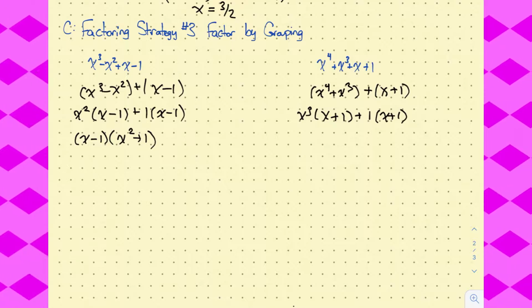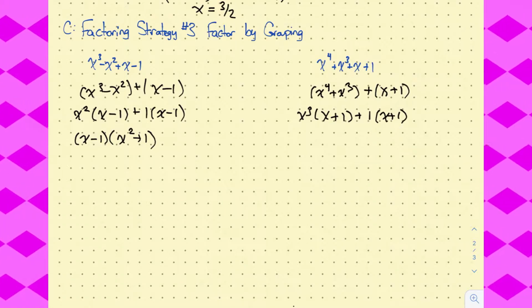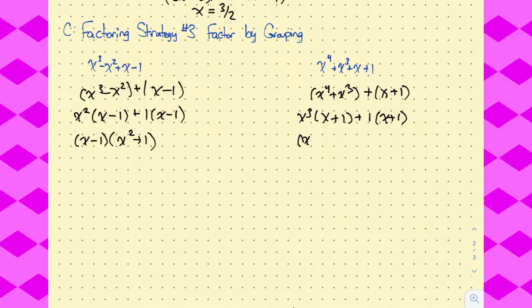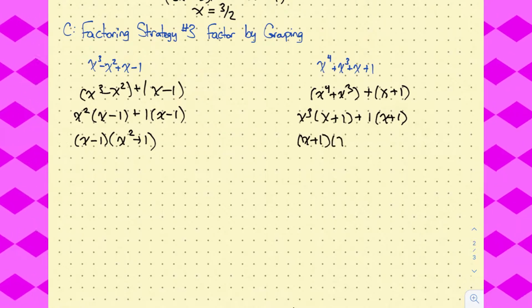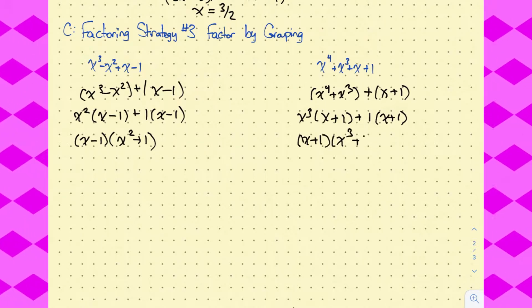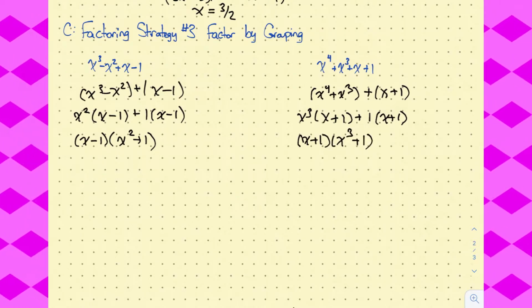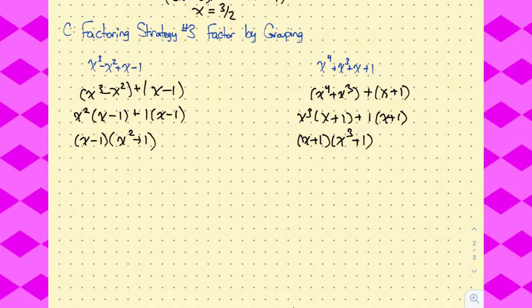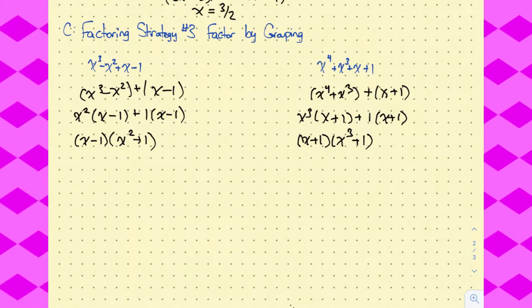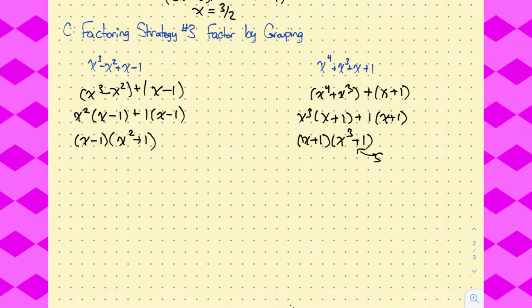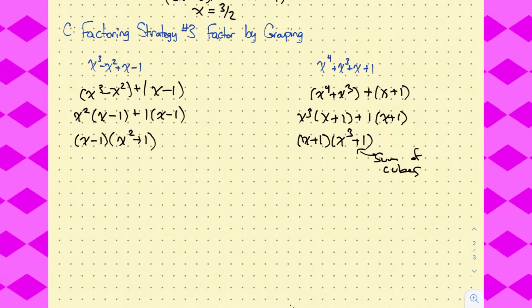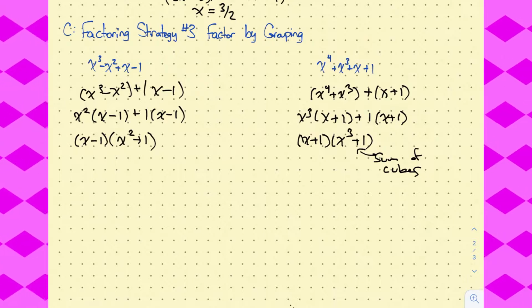So again, luckily, we have an x plus 1 in common. However, that x cubed plus 1 is a sum of two cubes, which means I'm going to have to factor that one more time.